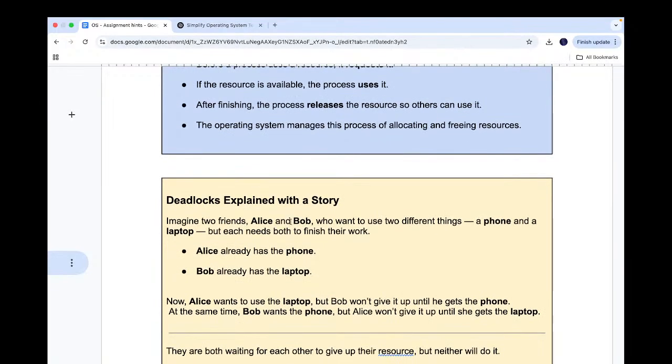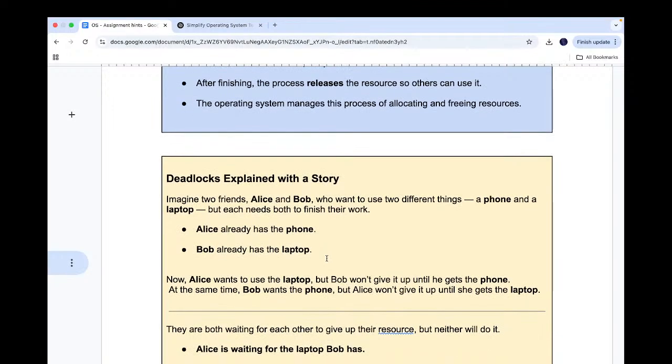Deadlock explained with a story. Imagine two friends, Alice and Bob, who want to use two different things, a phone and a laptop, but each needs both to finish their work. Alice already has the phone, Bob already has the laptop. Now Alice wants to use the laptop, but Bob won't give it until he gets the phone.